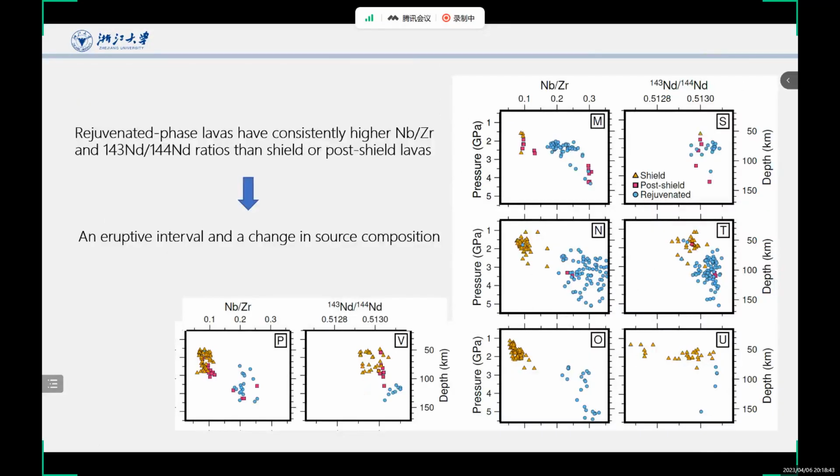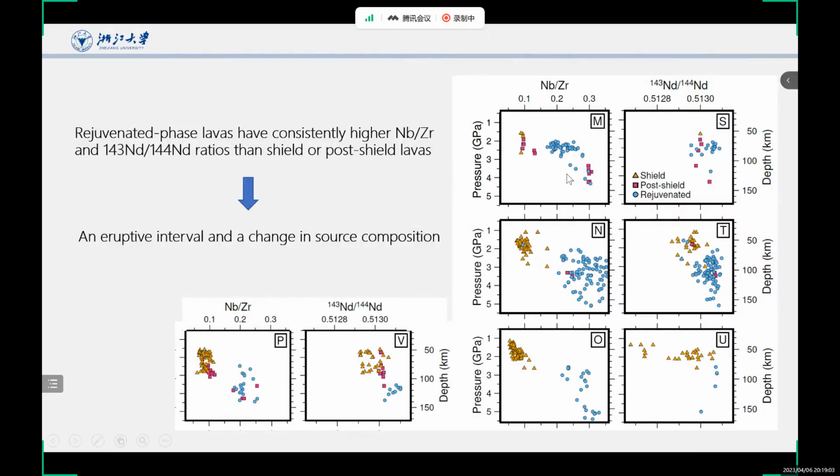The second question of the Hawaii application is how the rejuvenated phase erupted, and they analyzed the geochemistry of these three phases.